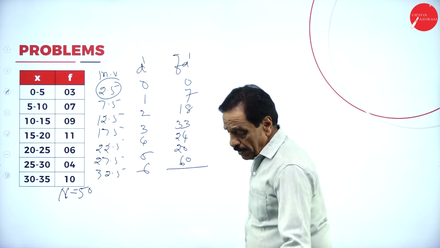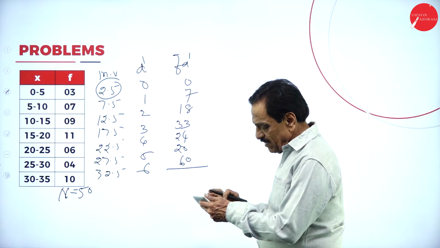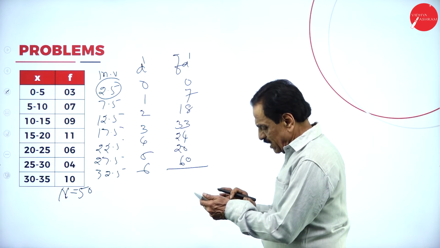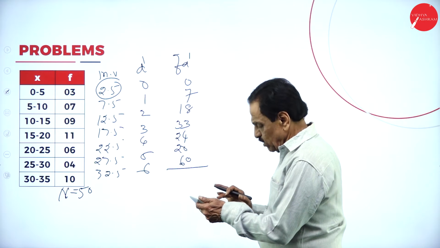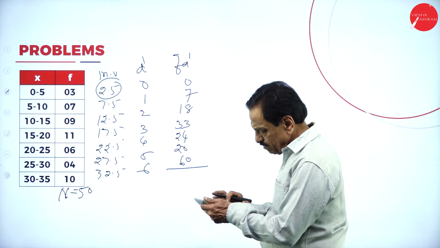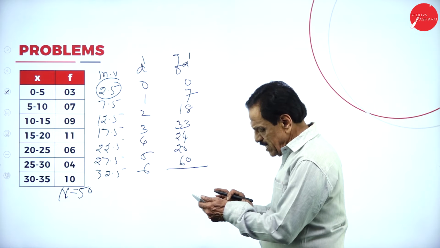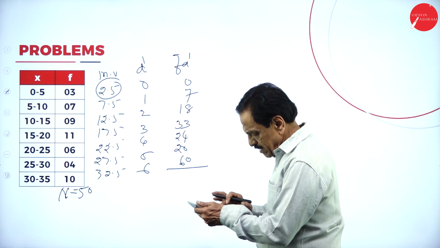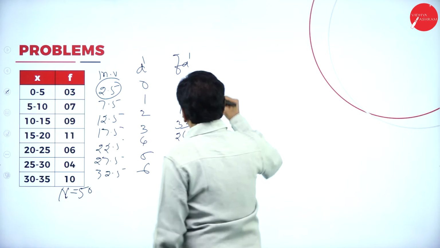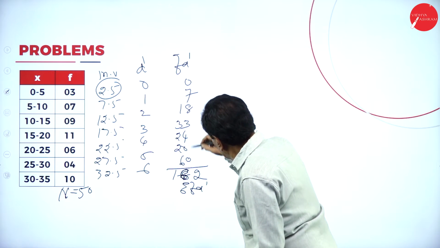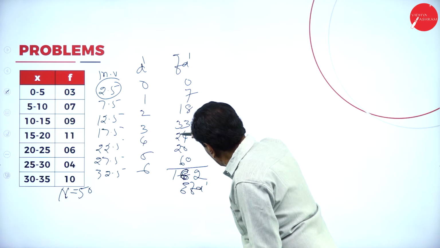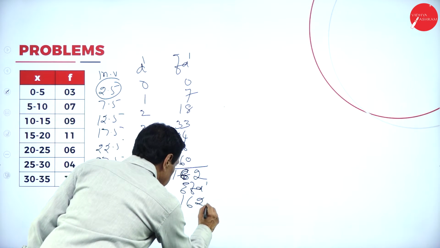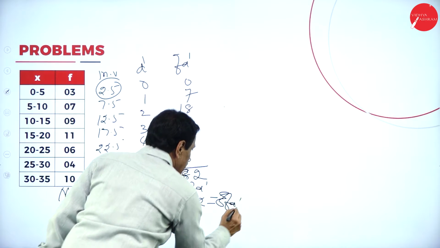Add these figures: 7 plus 18 plus 33 plus 24 plus 20 plus 60 is 162. 7 plus 8, 15, 18, 22, 2 plus 1, 3, 6, 8, 12, 16. 162 is equal to sigma f d dash.